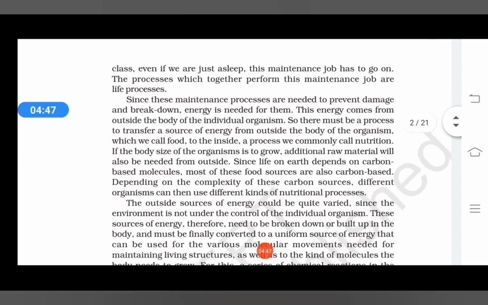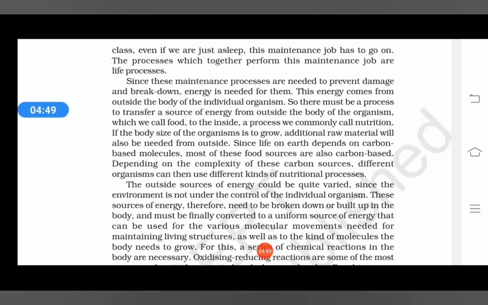Since these maintenance processes are needed to prevent damage and breakdown, energy is needed for them. This energy comes from outside the body of the individual organism. So there must be a process to transfer a source of energy from outside the body of the organism, which we call food, to the inside, a process we commonly call nutrition.